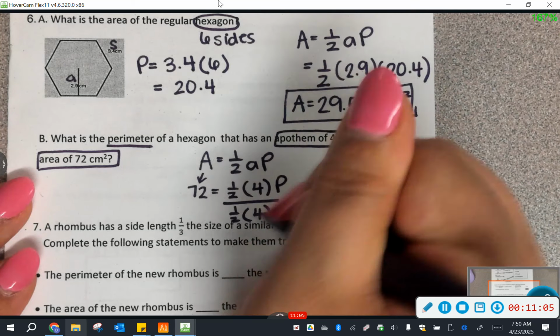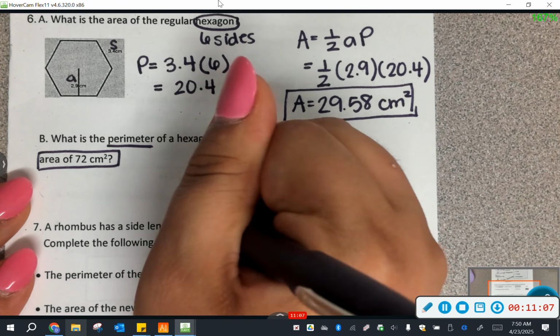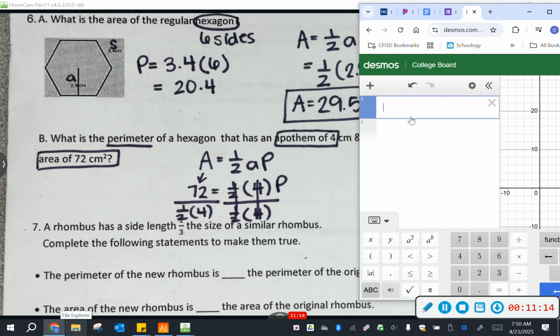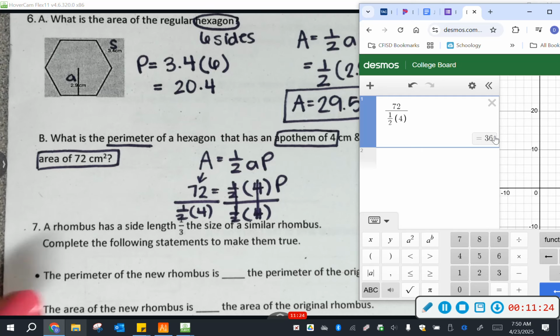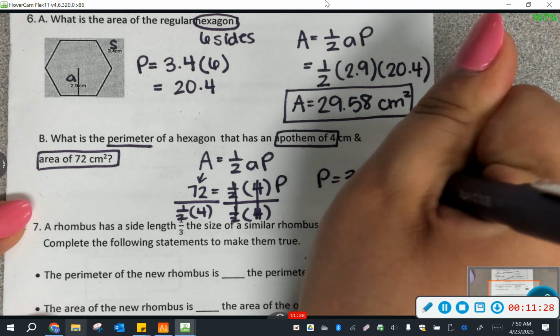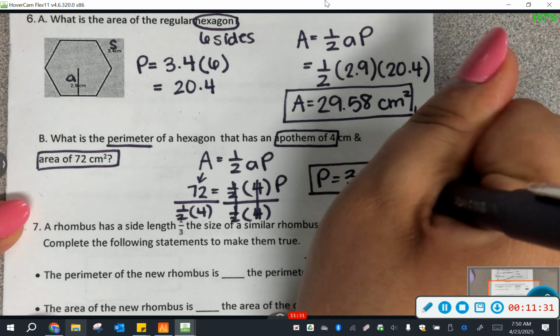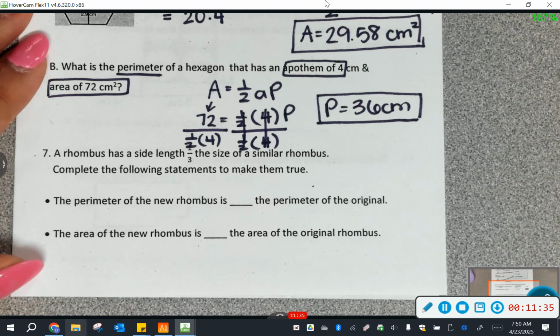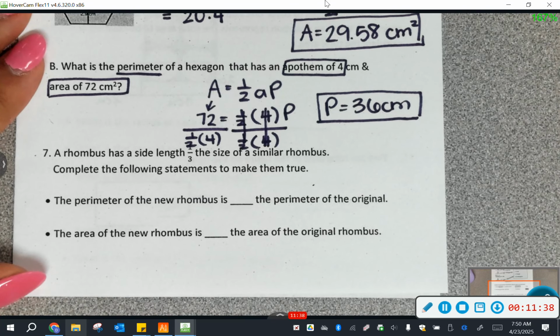Divide by 1/2 and 4, or what's half of 4? Or you could divide by 2. So 72 divided by 1/2 times 4. The perimeter is 36 centimeters. Again, unless it's a square or a circle, to go backwards, you're dividing.